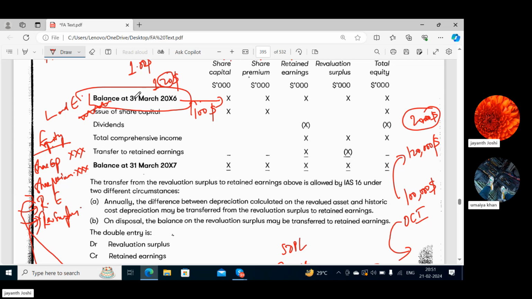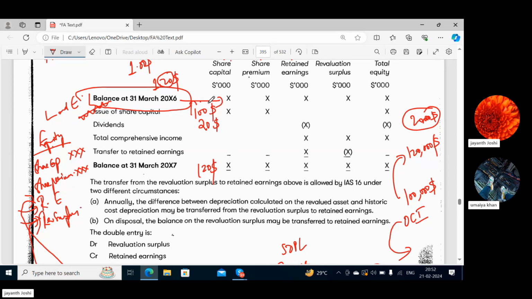Last year when you closed the books, you had $100 in the share capital account. During this year, you issued some extra shares for raising some additional capital because you had some needs. So you were able to raise $20 more. Now you tell me how much share capital you have at the end of the year? $120, right?